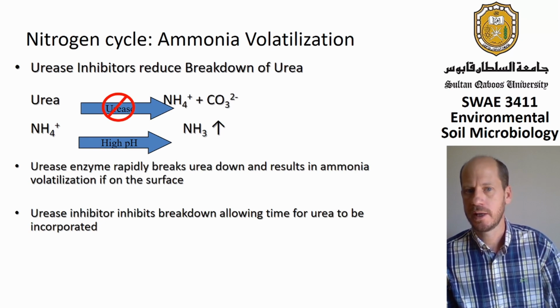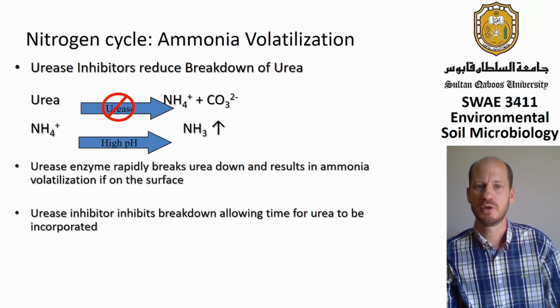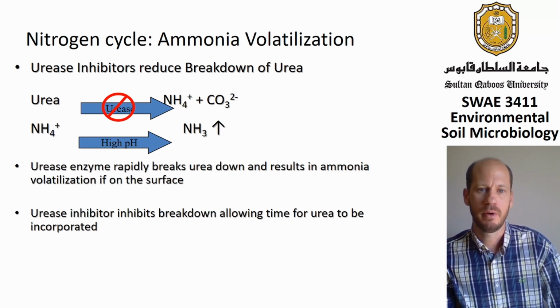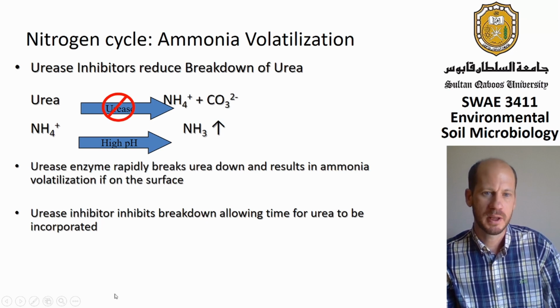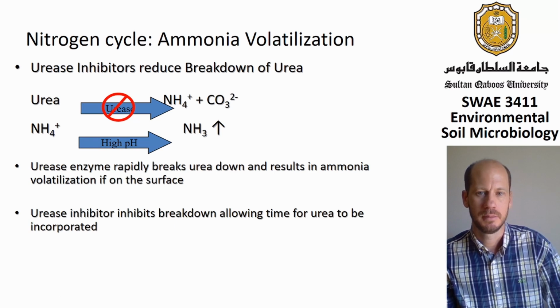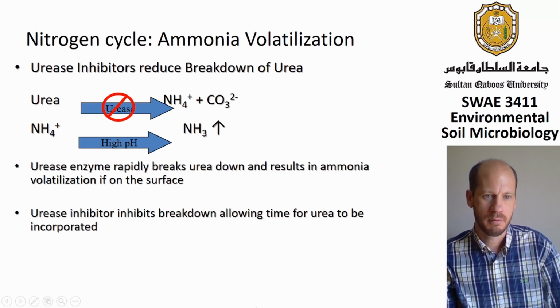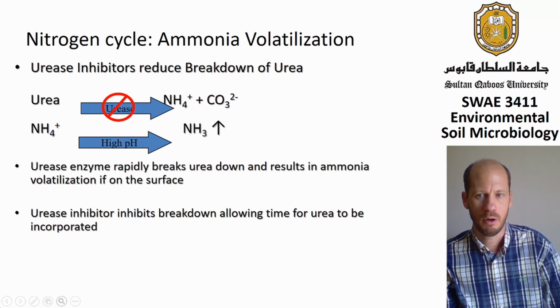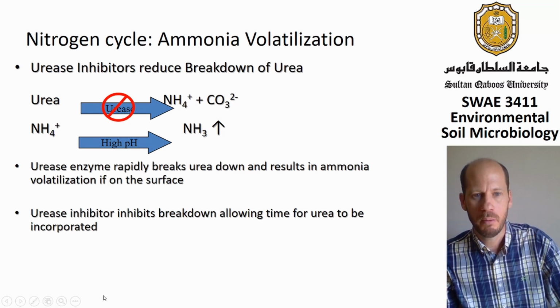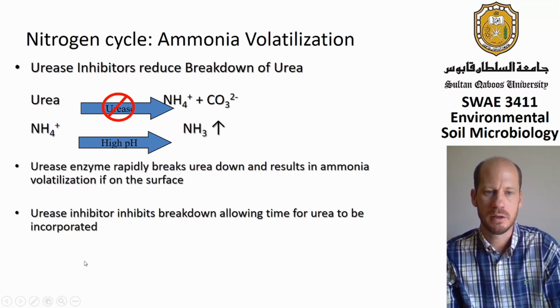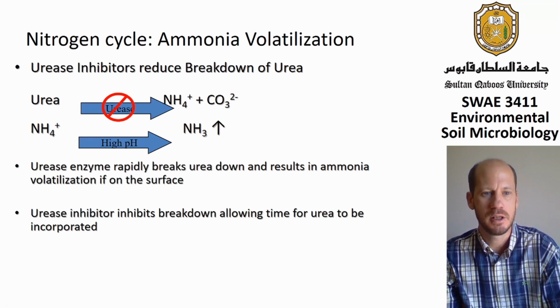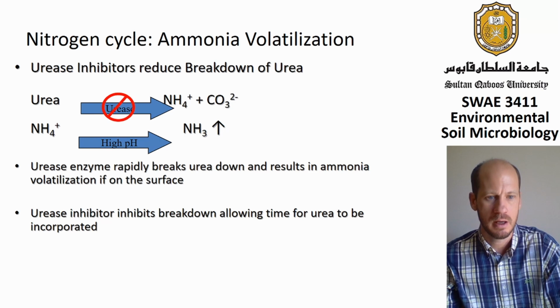If urea is mineralized at a slower pace, the concentration of ammonium will not be very high in the soil solution, and therefore the rates of ammonium volatilization will be lower, and you can have a more, let's say, slow delivery of this nitrogen for the plants. So this is a very common technology, and studies demonstrate that if you inhibit the microbial urease enzymes in soil, you have a higher efficiency of nitrogen use from urea fertilizers.